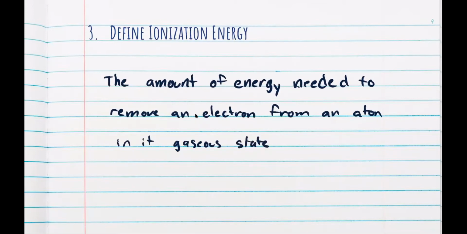So not just from a solid or from a liquid, we're talking about when it's in a gas. So again, ionization energy is just the amount of energy needed to remove an electron from an atom in its gaseous state. And again, size will play a big role.